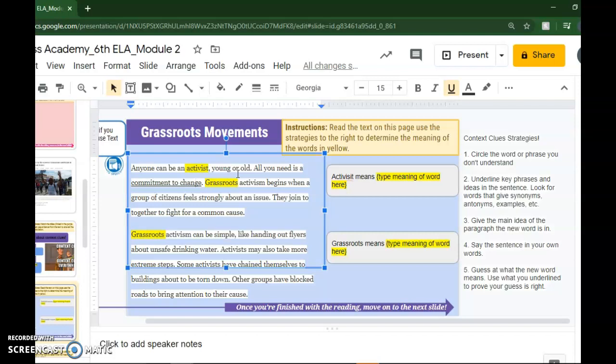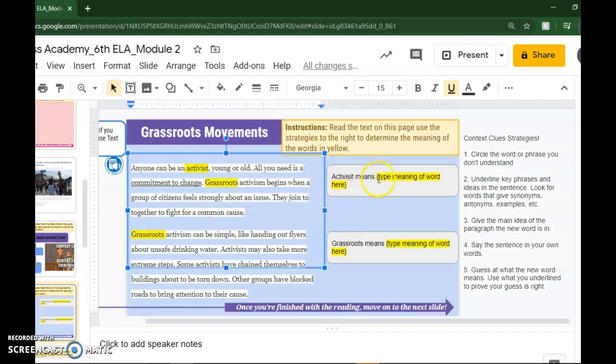They join together to fight for a common cause. So I'm seeing a lot about people, seems like my subject, so people coming together to make a change. It seems like the subject and predicate that I'm seeing in this. And so what that tells me is that being an activist has something to do with wanting to make a change.